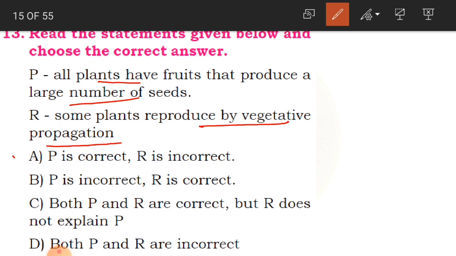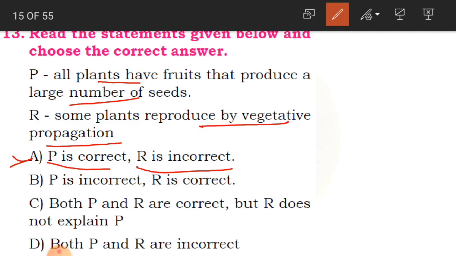A says P is correct, R is incorrect. P says all plants have fruits that produce a large number of seeds. Is it true children? Do all plants give us fruits? No, P is incorrect.